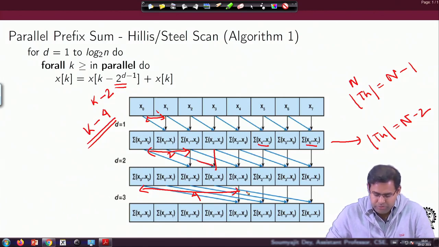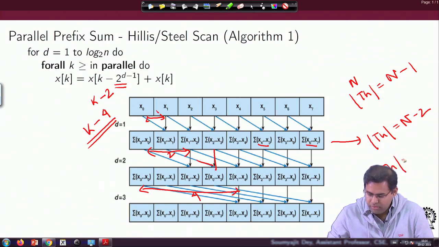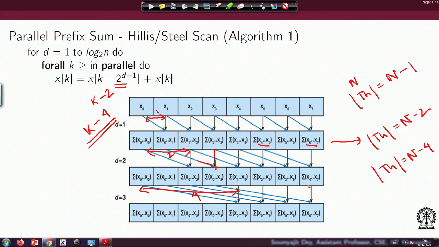Why? First of all, let us again write the number of threads you have active. Here you are working with n minus 4 threads, because you are basically subtracting the stride value from n, since every thread is operating with that stride value.